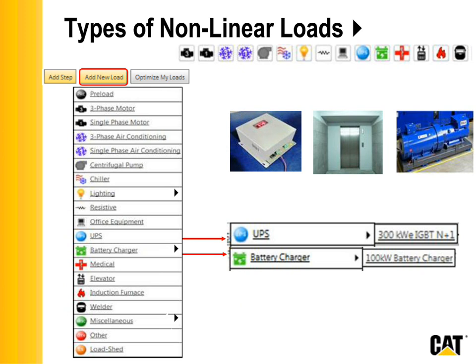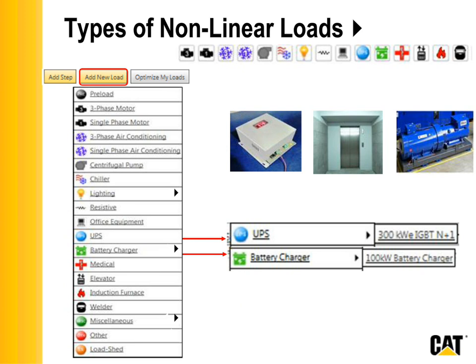Not only do we have a generic UPS load in SpecSizer today, but we've added the Cat battery UPS and the Cat flywheel UPS. You can create all kinds of template loads for the UPS and then warehouse or store them here, and you can access them with your add new load space. So you can have all the different kinds of nonlinear UPS loads. I'm going to go ahead and move on.